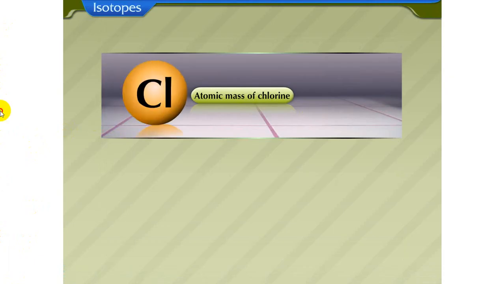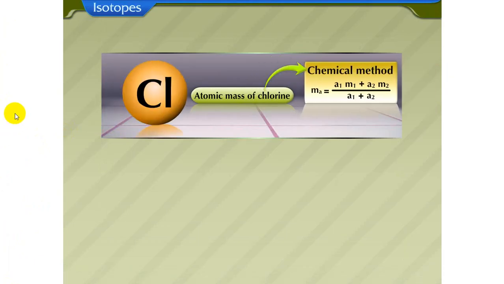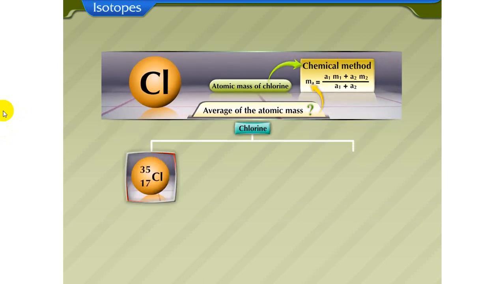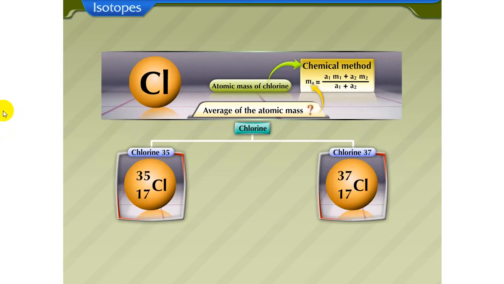When we determine atomic mass of chlorine by chemical method, we find that it is the average of the atomic masses of the 2 isotopes. The average atomic mass of chlorine can be calculated theoretically by a general method as follows.